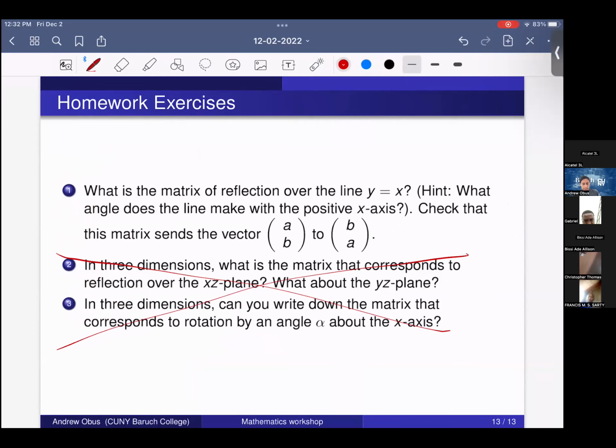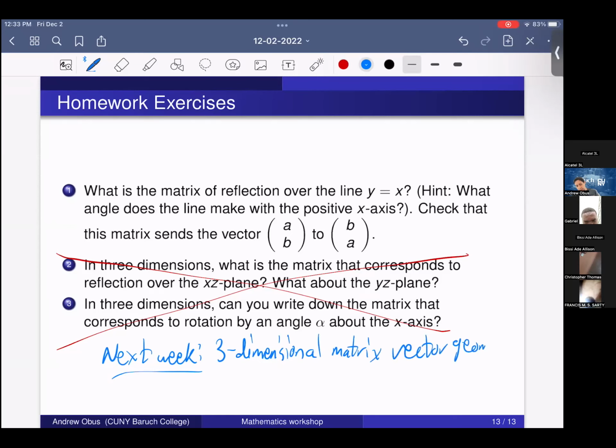So we will meet next week, and I'll just write it down. Next week: 3-dimensional matrix vector geometry and determinants.